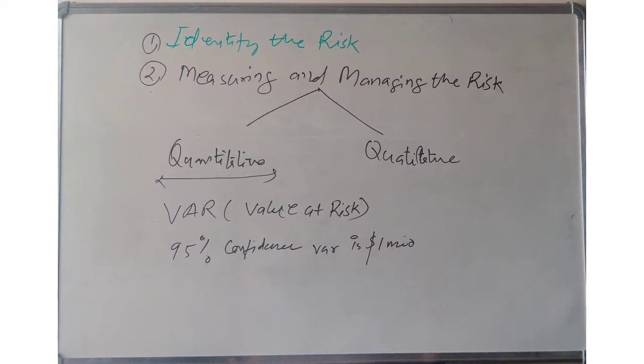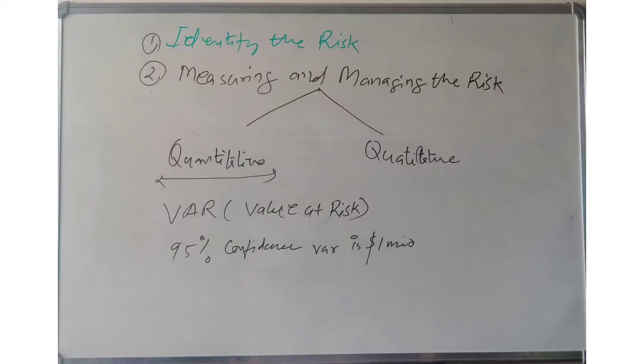It means that there is a 5% chance the loss of this particular company in one day will be more than USD 1 million. That is how a 95% confidence level VAR is interpreted in financial terms.